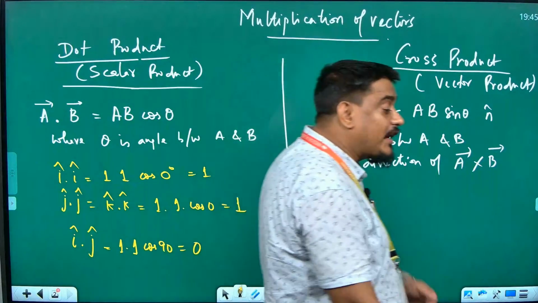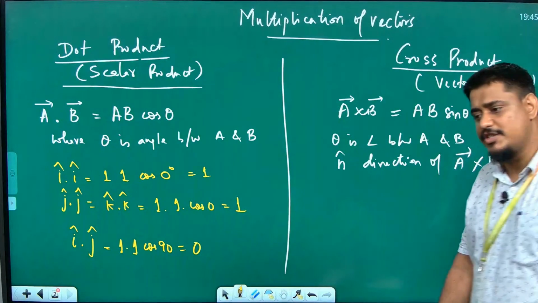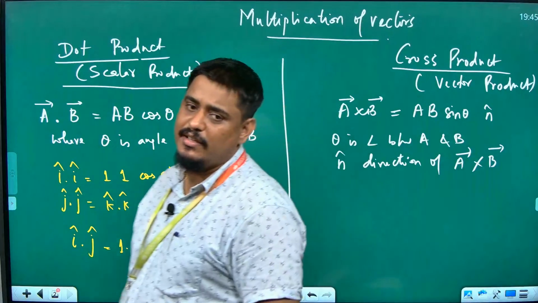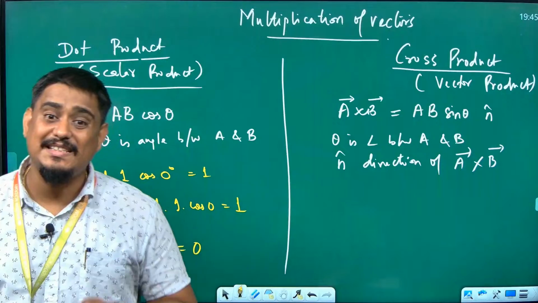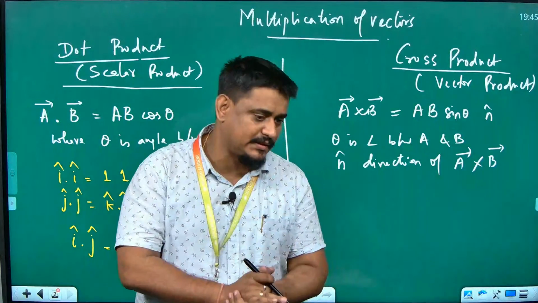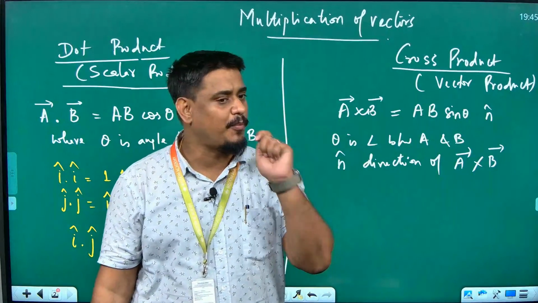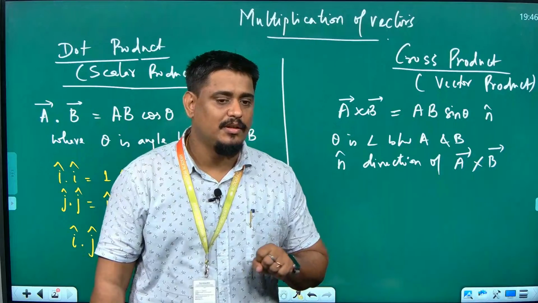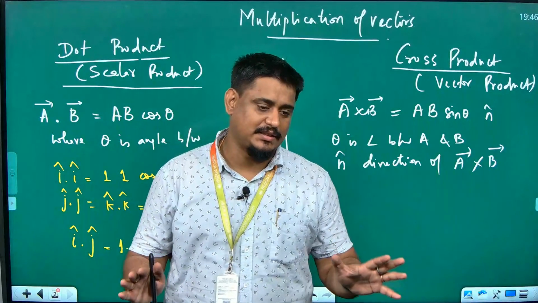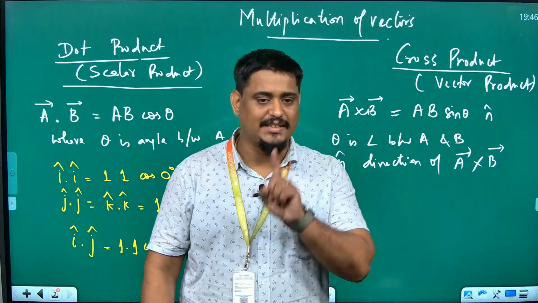If I write j dot i, j dot k, k dot j, i dot k, k dot i, obviously 0. So always, if like unit vectors are multiplied by using dot product, the answer will be 1, and for unlike unit vectors the result will be 0.